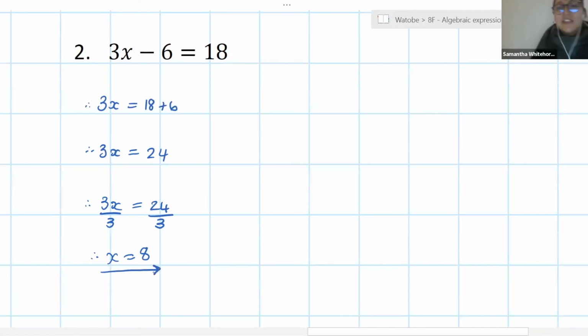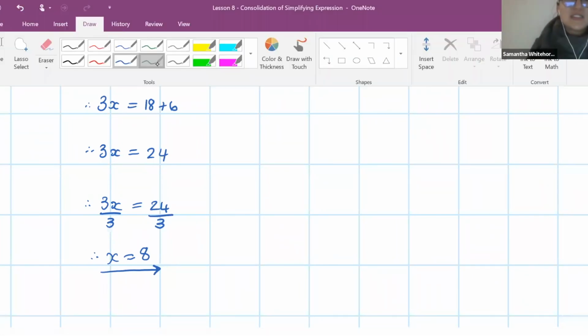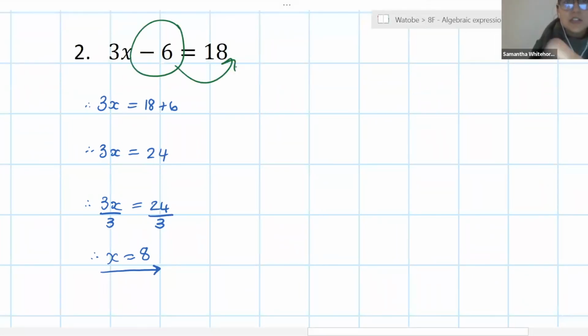Okay, so guys, remember, we're doing our inverse operation. So I want to bring this -6 over the equal sign so that it's on the right-hand side, because that's where I want all my constants to go. So to do that, I do the inverse. I plus 6. 18 plus 6 is 24. And so that's where we got that 3x equals 24. Now I want x alone.